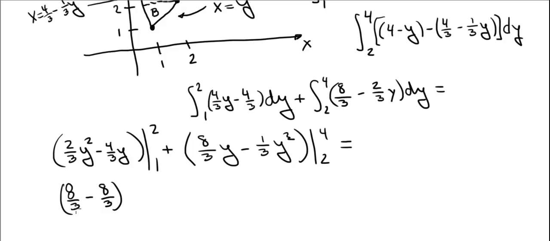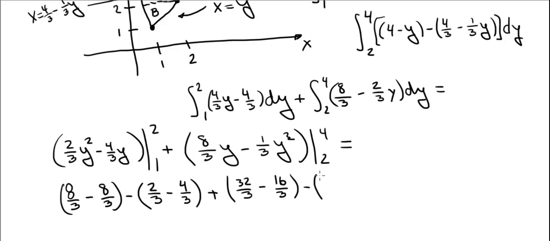So that's 0. And plugging in 1, we get 2/3 minus 4/3. Plus, plugging in 4, we get 32/3 minus 16/3. And then plugging in 2, we get 16/3 minus 4/3. So let's do a little bit of algebra.